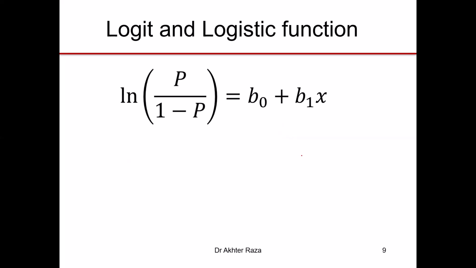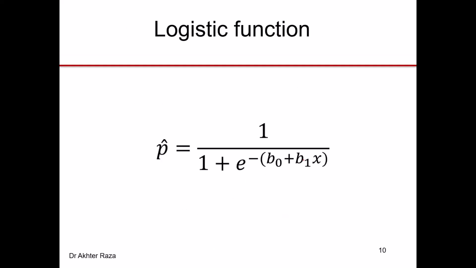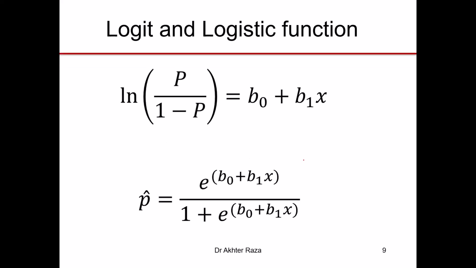So this function which is on the screen is a logit function, and the logistic function is in the form of the probability. If the function is in the form of log odd, it is called logit function. If the function is in the form of probability, this is called logistic function.